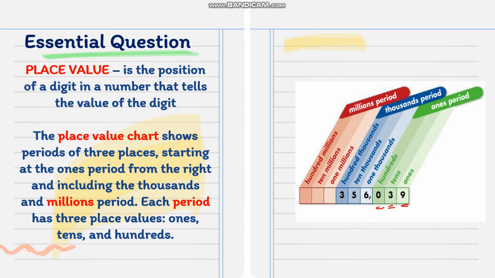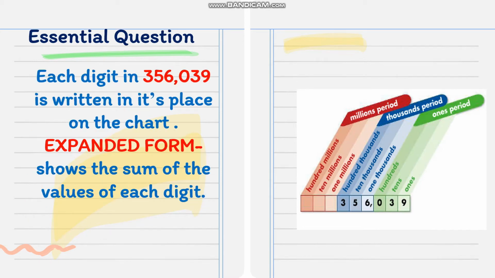So the place value chart shows periods of 3 places starting at the ones period. This is the ones period. From the right and including the thousands and millions period. Each period has 3 place values. As I said before, we have the ones, tens, and hundreds.